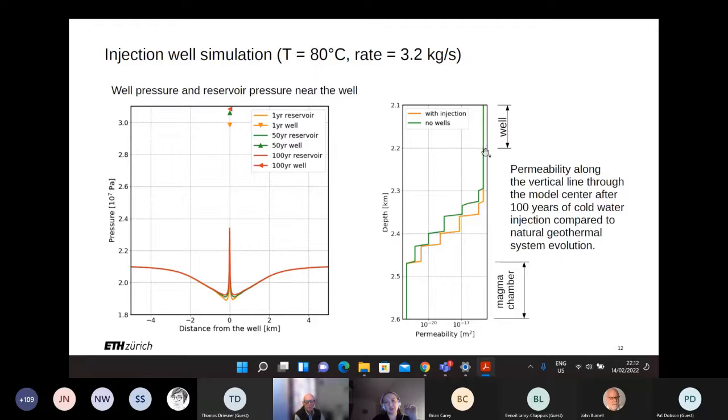So here's where the well is located, and I've plotted the permeability after 100 years of cold water injection, the orange line, and the green line is after 100 years of natural system evolution without any wells. And we see that the cold water injection facilitates the crystallization of the heat source, and the depth of the brittle ductile transition is retreated further down.